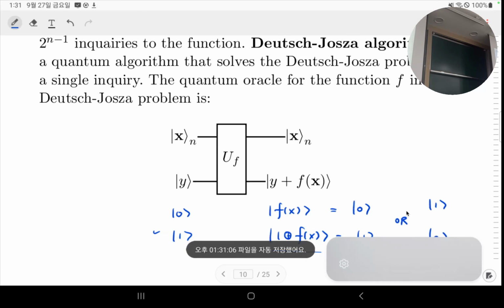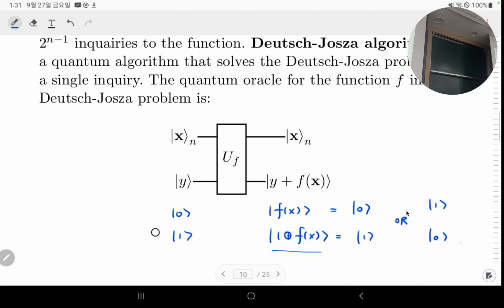But the thing is, no matter what value f of x is, if you take the sum of these two, then you always get plus ket, right? So 0 plus 1 is plus ket, and 1 plus 0 is also plus ket.